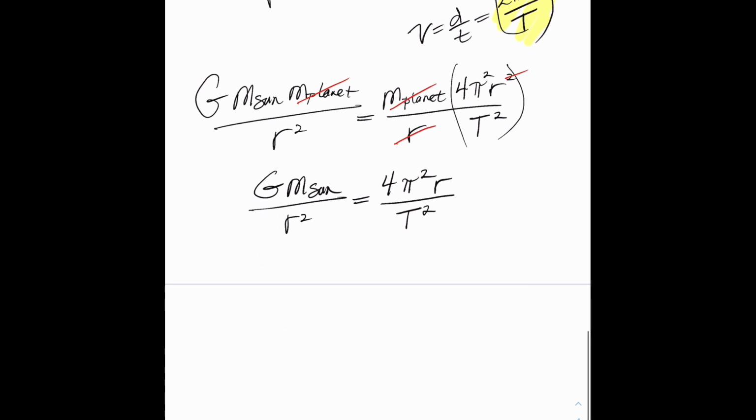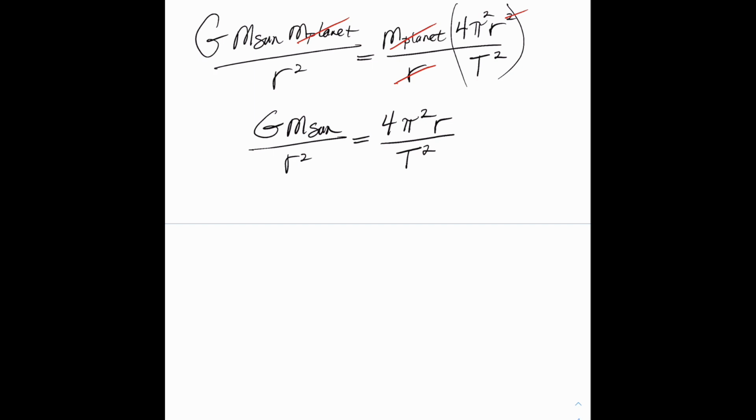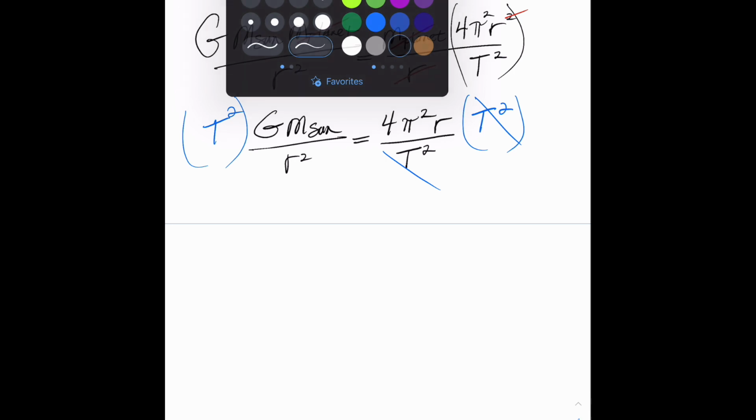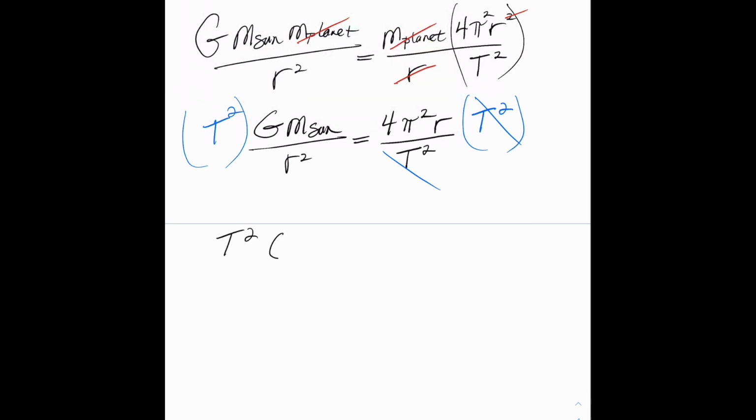All right, now let's go ahead and solve for t squared. Not t, but t squared. So let's get t squared on the other side and off the bottom. Multiply both sides by t squared. Cancel, cancel. Go ahead and rewrite. Let's then multiply both sides by r squared.